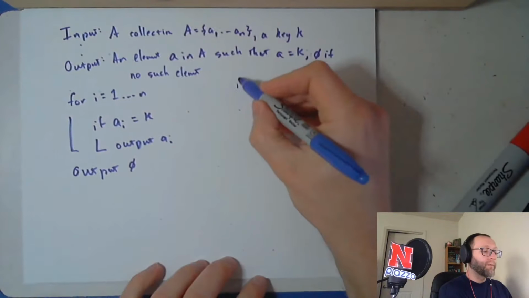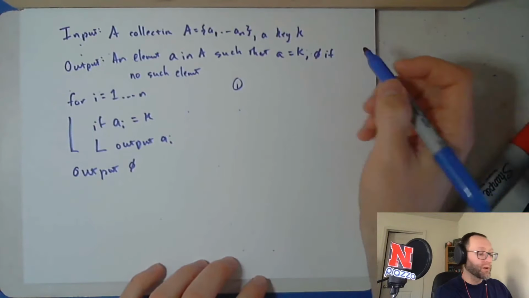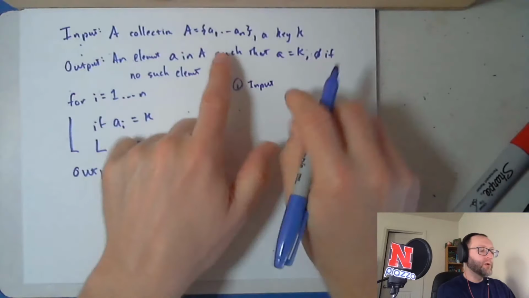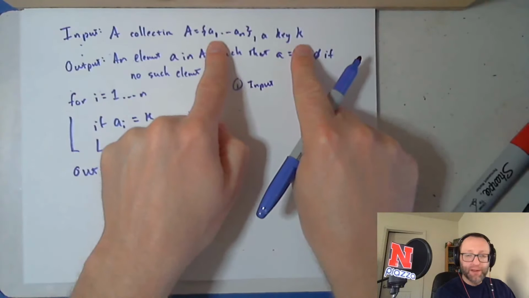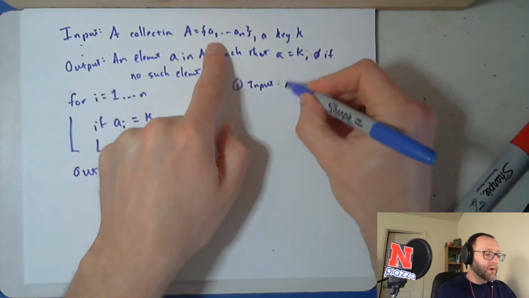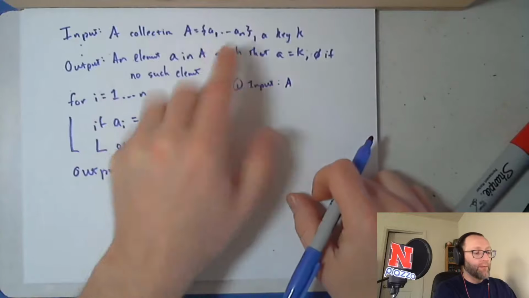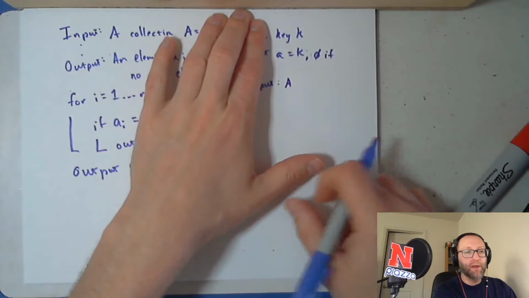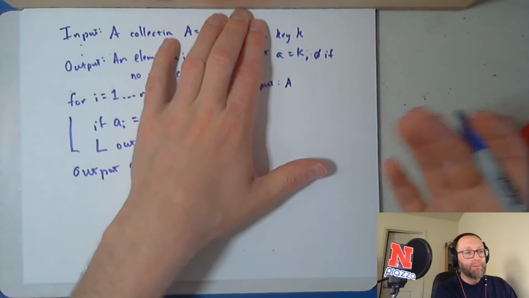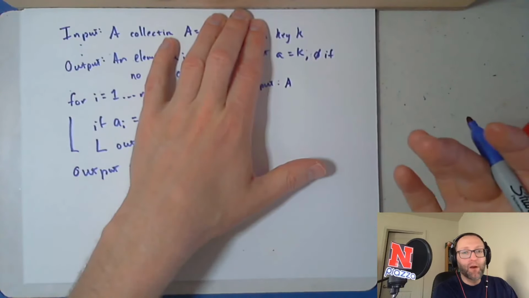Let's go through our 5-step process, or at least the first 4 steps. Right? 1, the input. I have 2 choices here, remember? Keep it simple, but choose the right one. My input in this case is going to be the collection A. Right? Because if I restrict it to K, then there's no analysis that can be done. The input size is 1, and that's not going to vary.